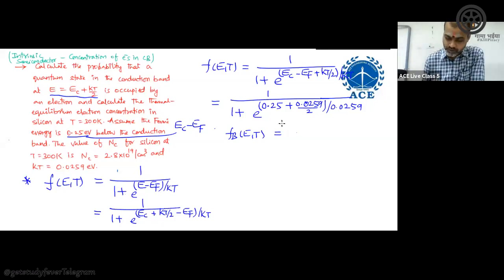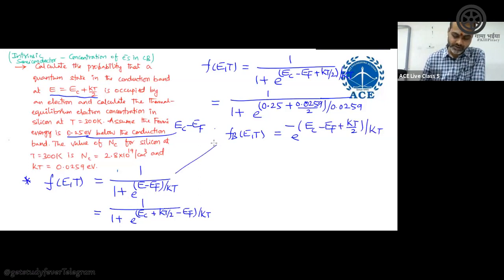So this is e power minus EC minus EF plus KT by 2, whole divided by KT. Hope I am clear. From this you can take the Boltzmann approximation, or you can substitute and calculate from this also. There is no issue with that.